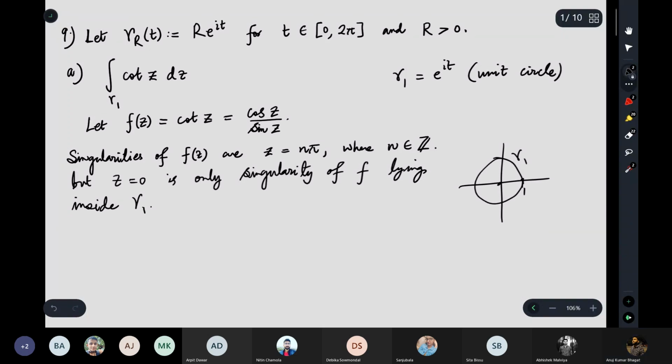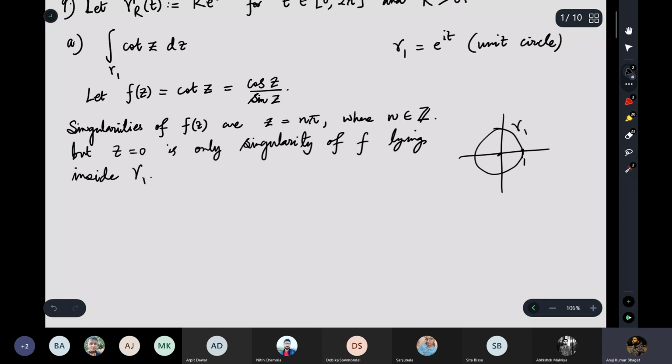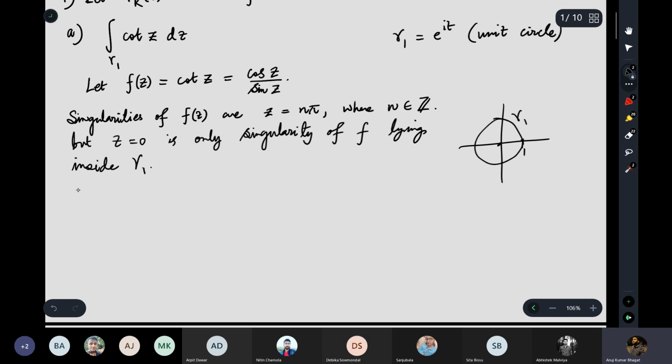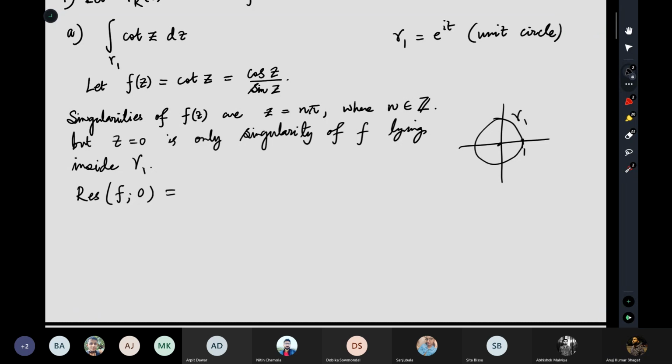What does the Cauchy residue theorem say? We have a singular point which lies inside gamma 1, and at that point you have to find the residue of the function. So we are supposed to find the residue of the function at z equals 0. Can you tell me how to calculate this residue?